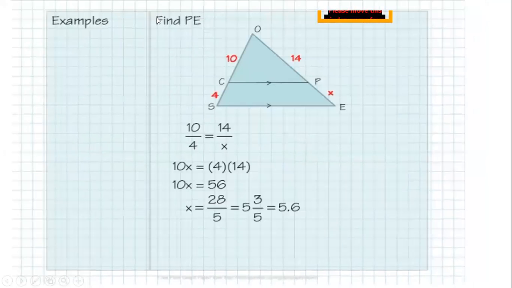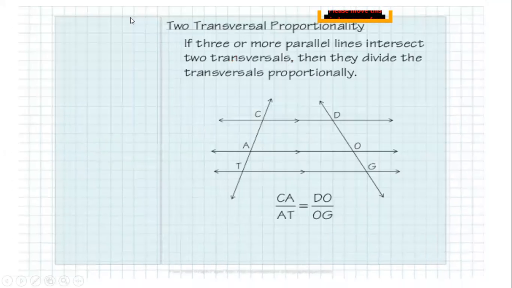It can also happen that we have two transversal proportionality. If three or more parallel lines intersect two transversals, then they divide the transversals proportionally. As you can see here, we have this line, this line, and this one, so these three lines are parallel to each other.